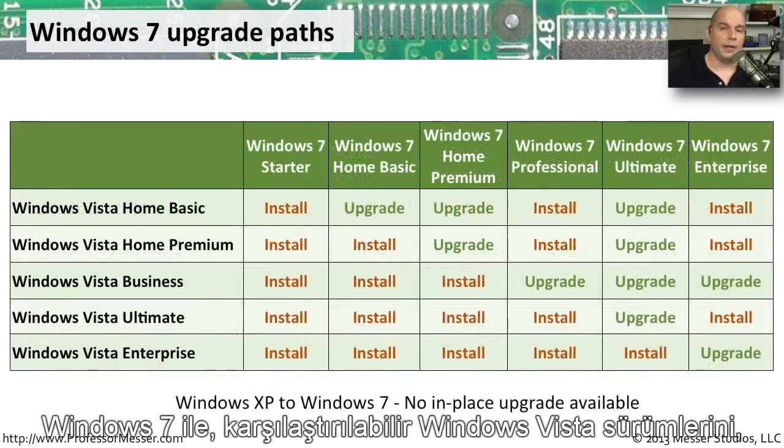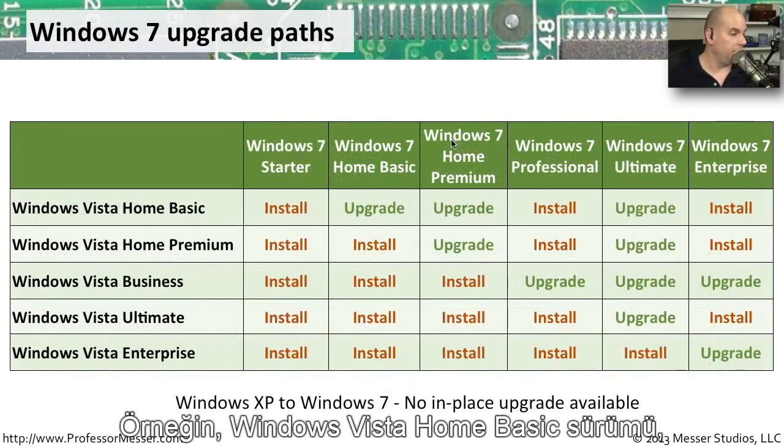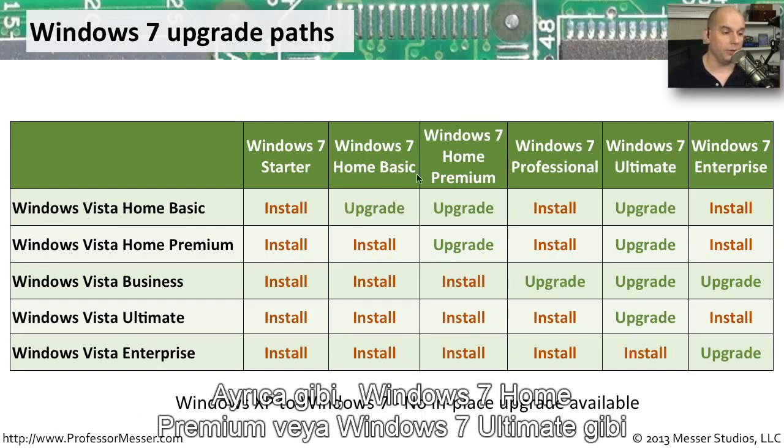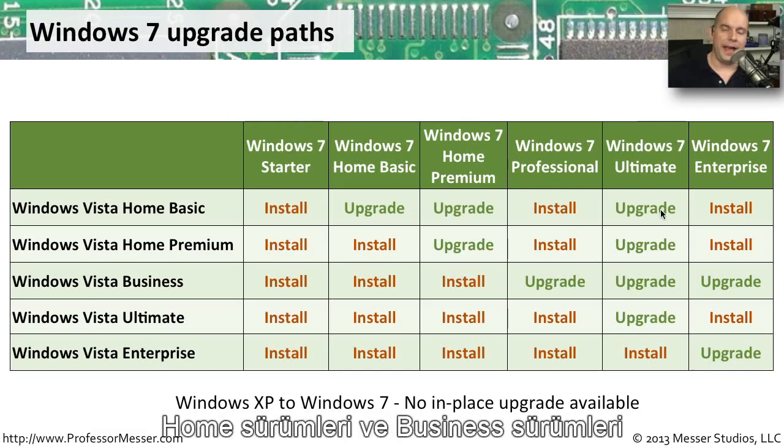With Windows 7, we can upgrade the comparable Windows Vista versions to the Windows 7 counterparts. For example, Windows Vista Home Basic can be upgraded to Windows 7 Home Basic. It can also be upgraded to more powerful versions like Windows 7 Home Premium or Windows 7 Ultimate. Notice there is a gap between the home versions and the business versions.